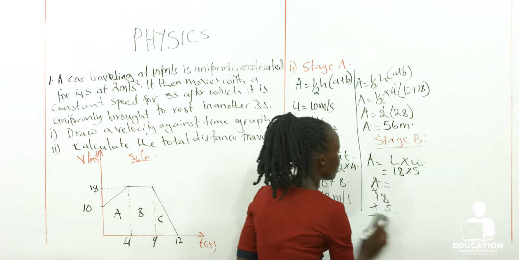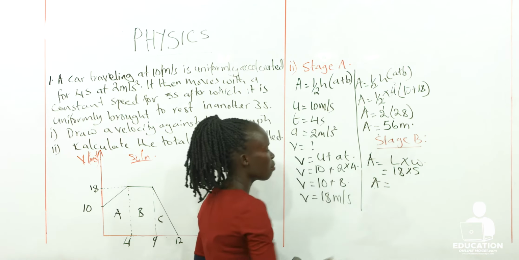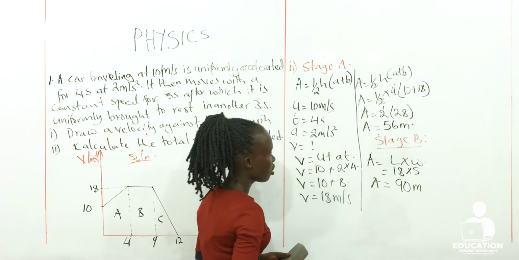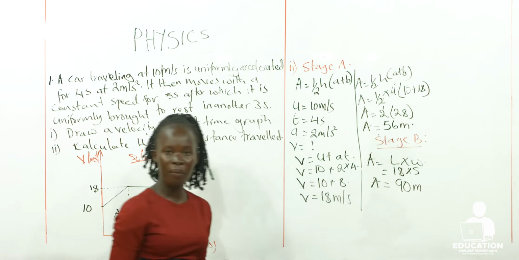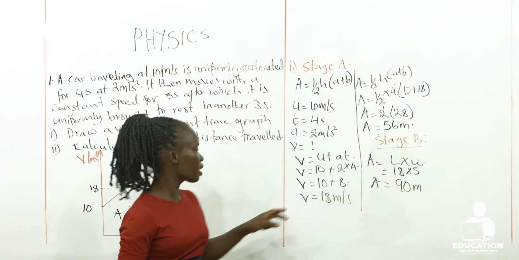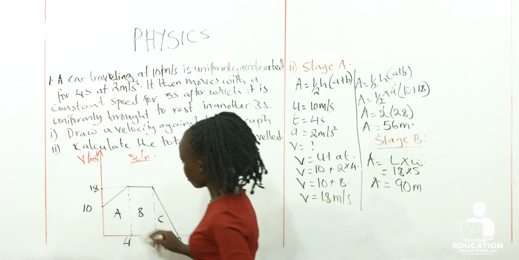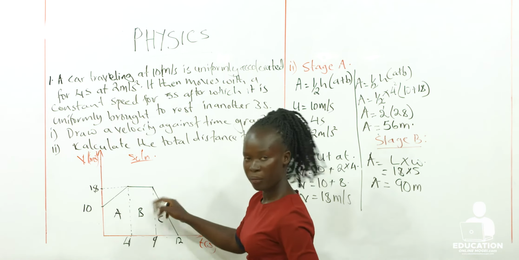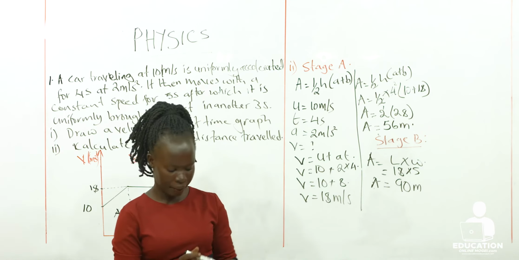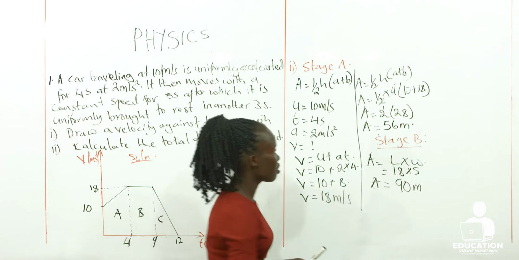So at this point here, that means that it is 90 meters. So the distance covered by the body when moving with a uniform velocity is 90. It is this distance here. So now let us look at this. What of stage C? What happened at stage C?